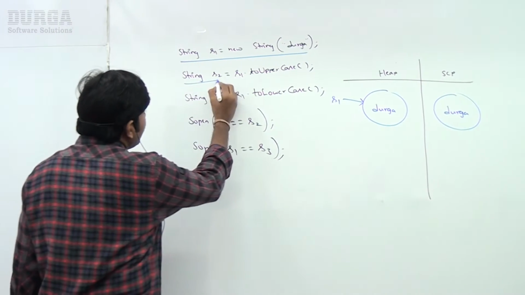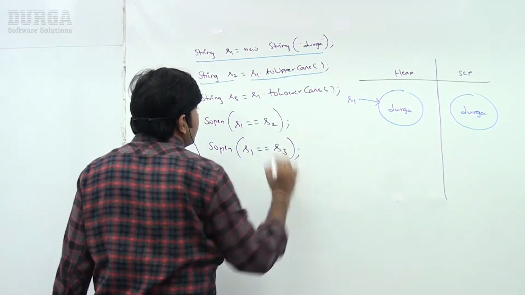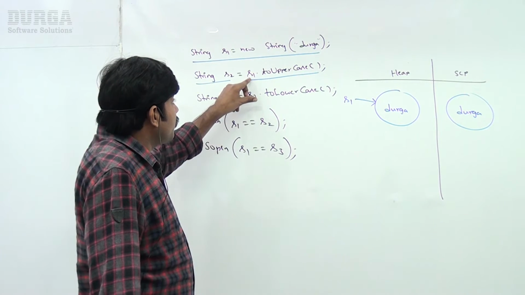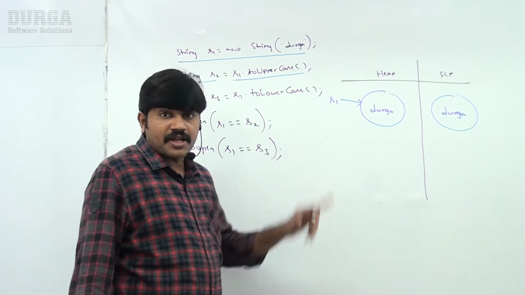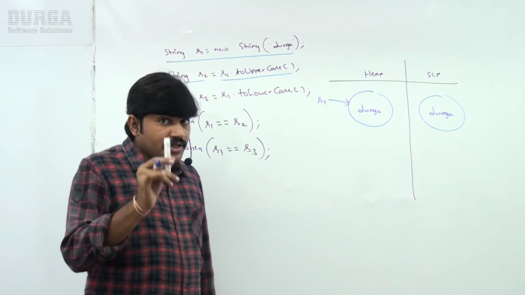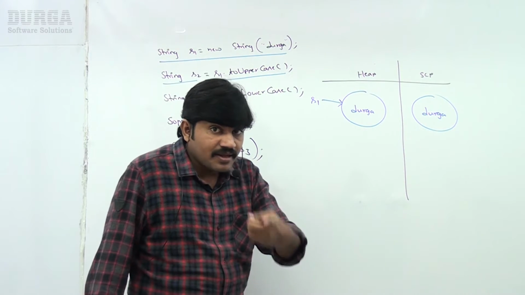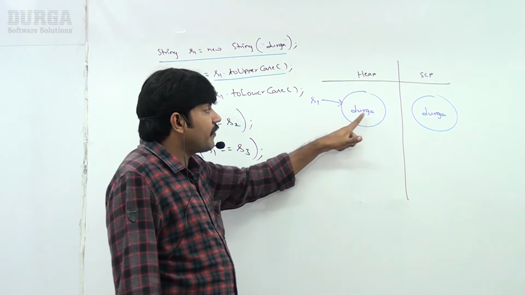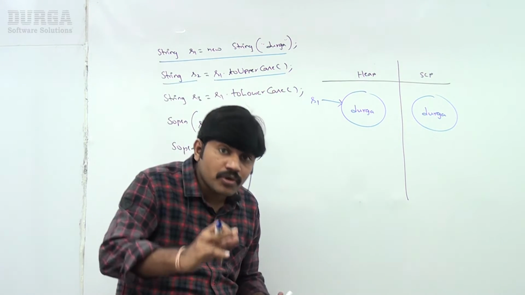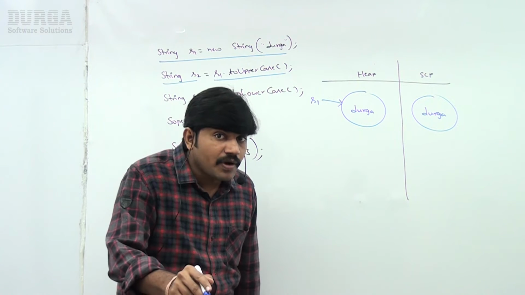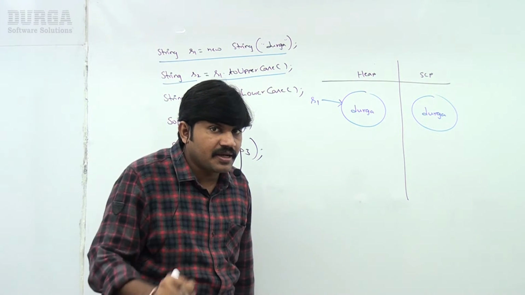Now String s2 = s1.toUpperCase(). I am trying to change the content of s1 to uppercase. Once we create a String object, we are not allowed to perform any changes in that object. If you try to perform any change, a new object will be created. Where will that new object be created? In the heap area, as I covered somewhere in the last video.